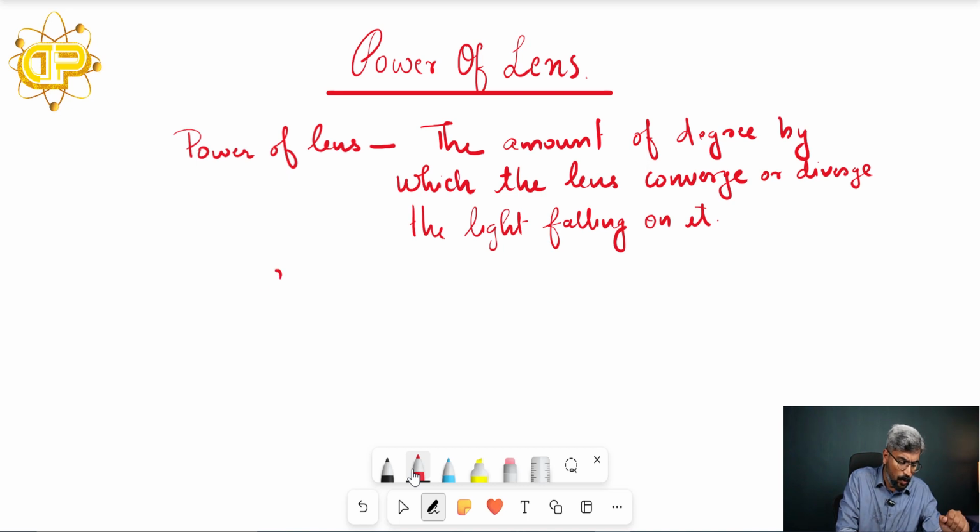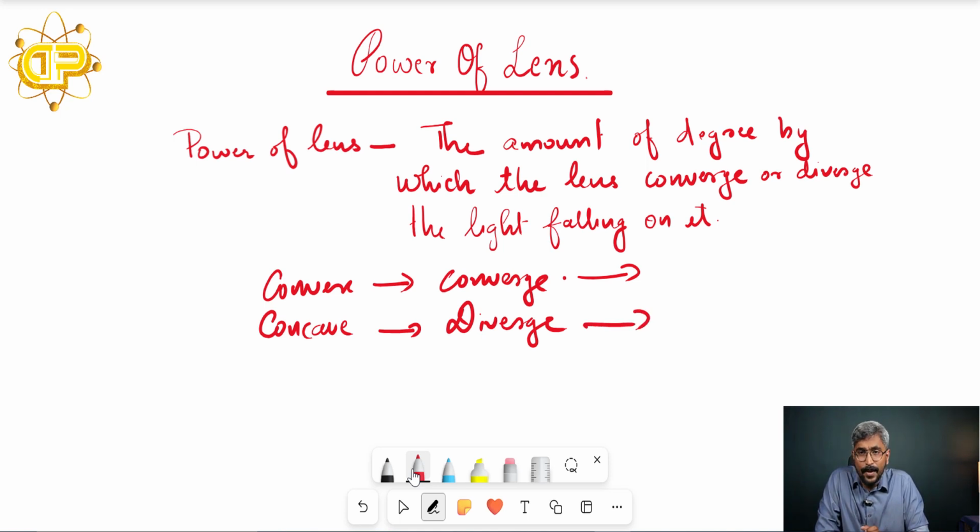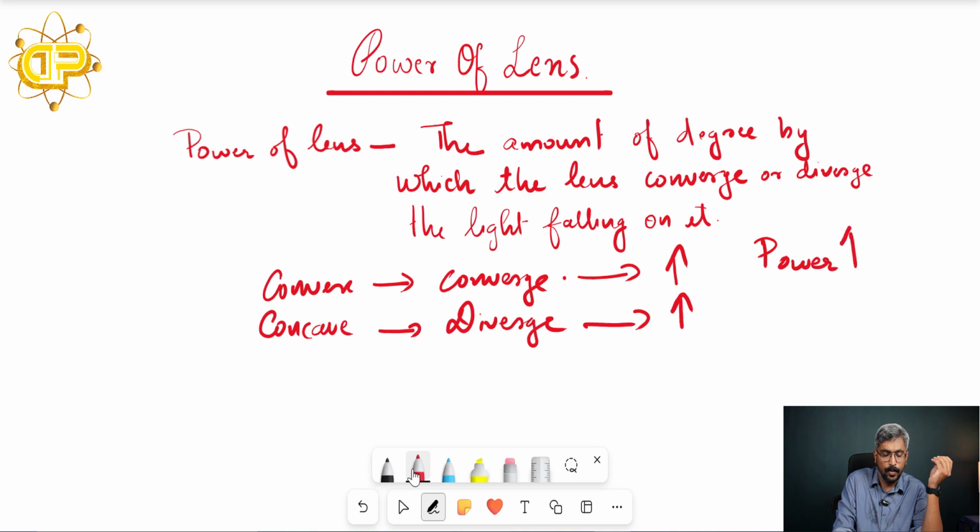In the case of a convex lens it will converge, whereas in the case of a concave lens the light falling on it will diverge. The more the lens diverges or converges, the more power it will have. If the converging and diverging is more, the power of that lens will also be greater.